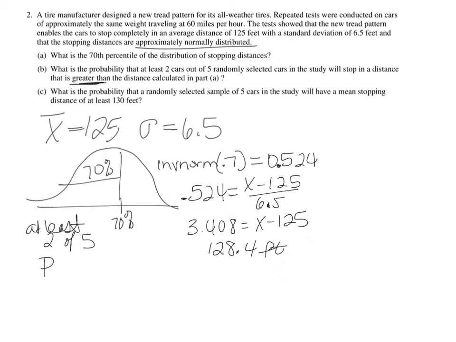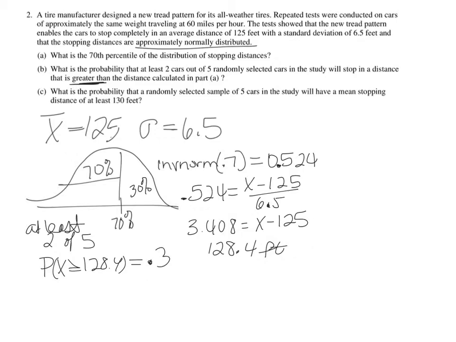Well, if this is a 70th percentile, then the probability that we stop in that distance is 30%. So the probability that x is greater than or equal to 128.4 is 0.3.